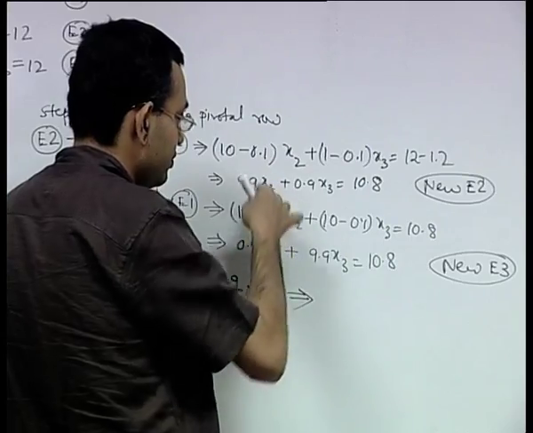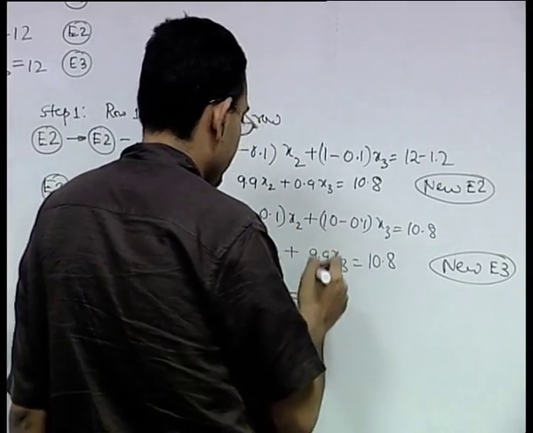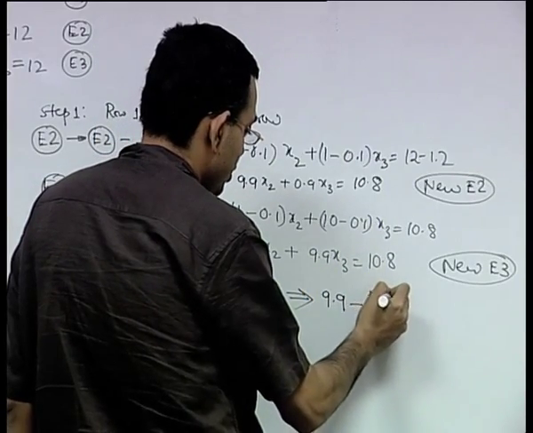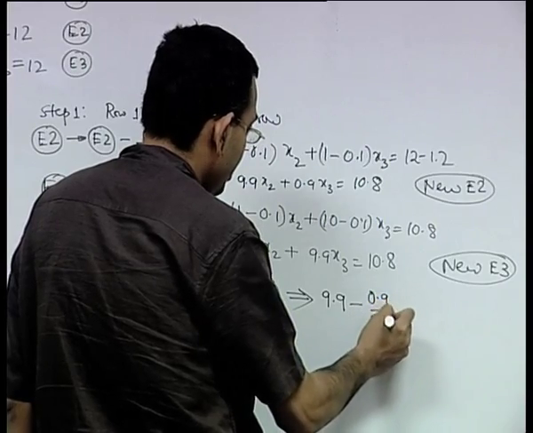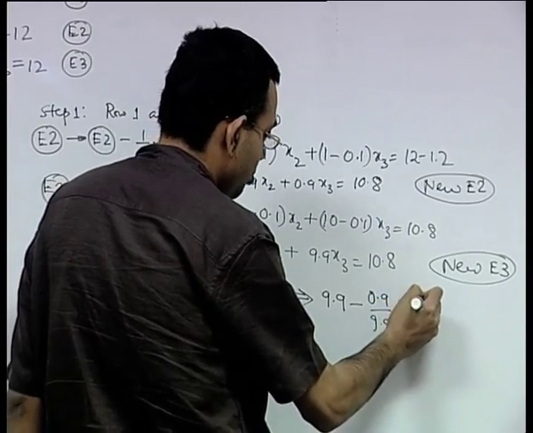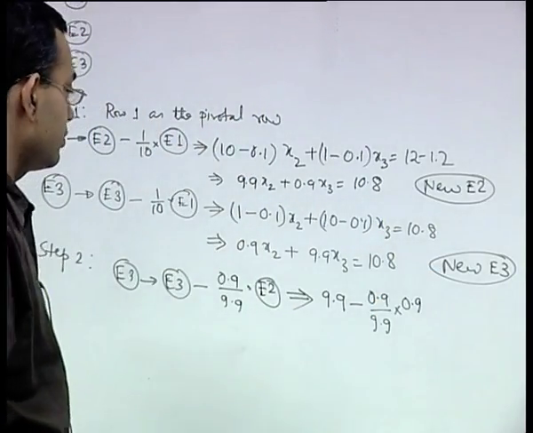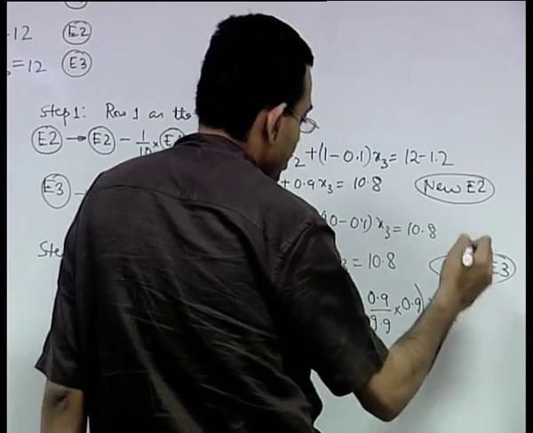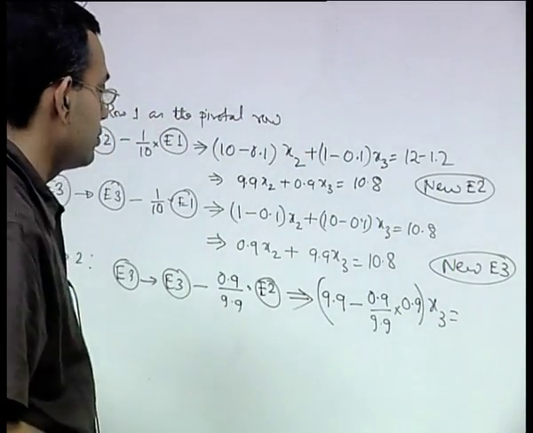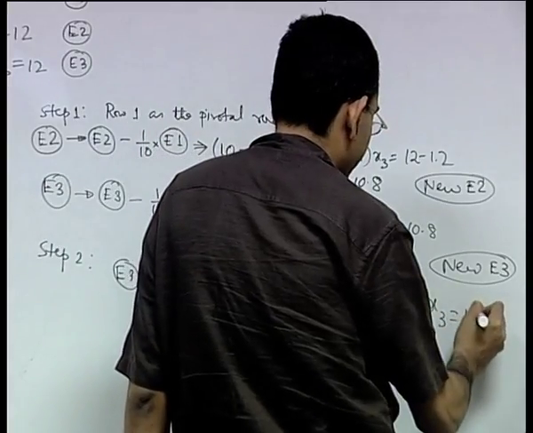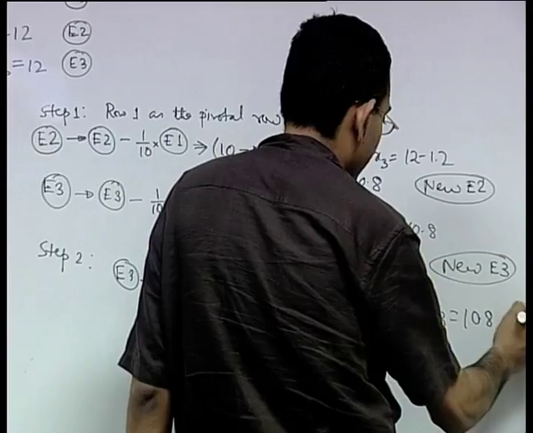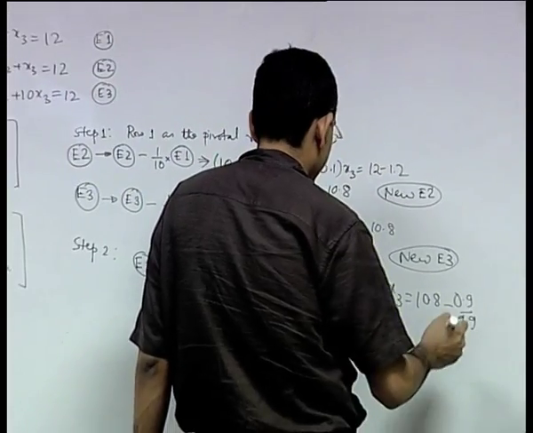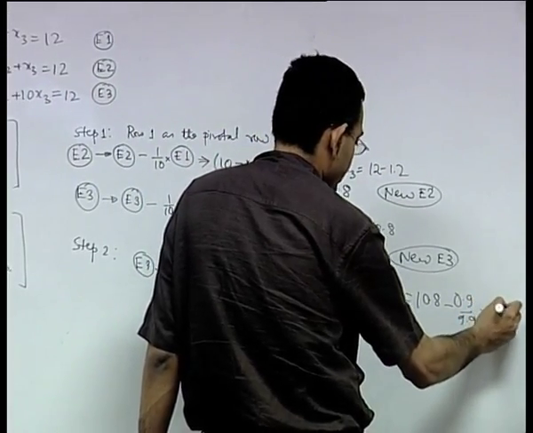The second term will be 9.9 minus 0.9 by 9.9 into 0.9, that x3, is equal to 10.8 minus 0.9 by 9.9 into 10.8.